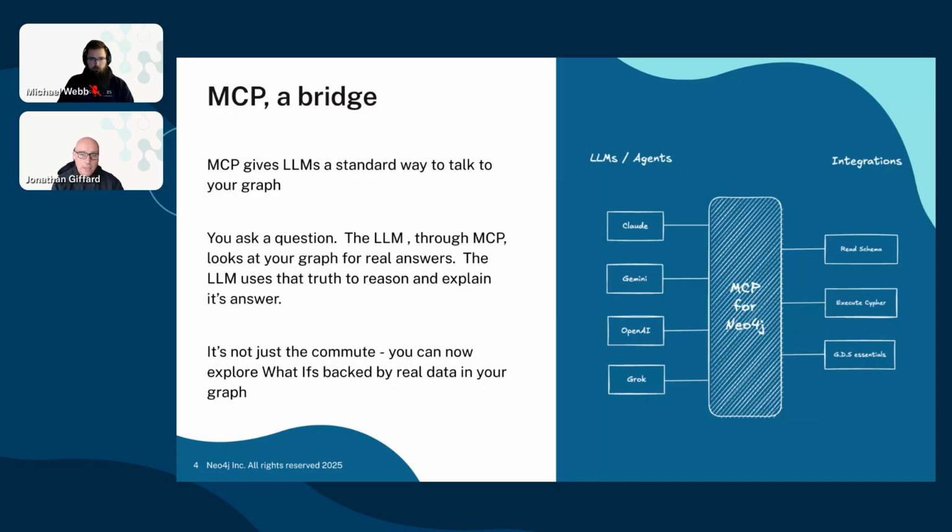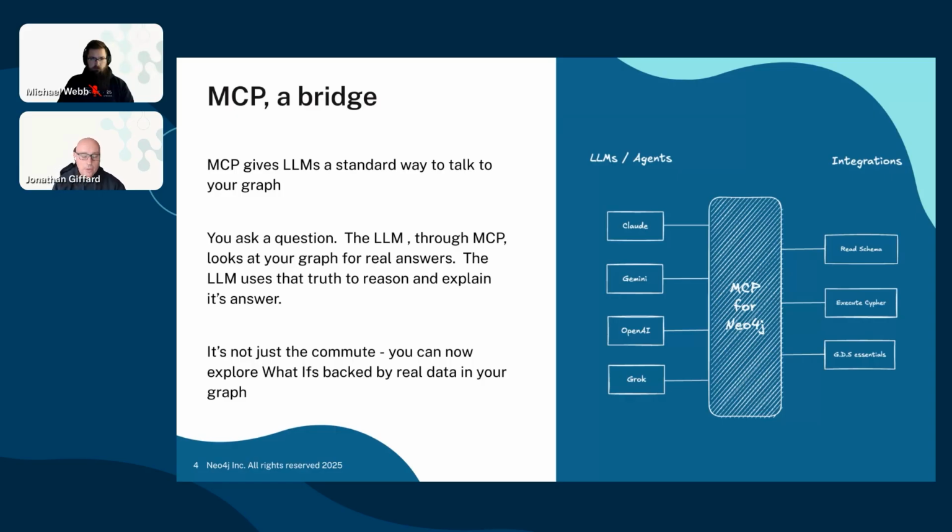So now we've gone beyond it's a commute. We can now explore many what-if type scenarios. So if I want to get to work using the London Underground, what if one of the stations on that route is shut? Is there an alternative I can take? Can you give me more than one route? What if I started from a different station?